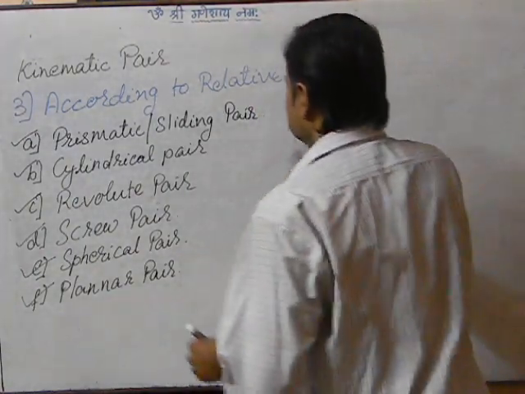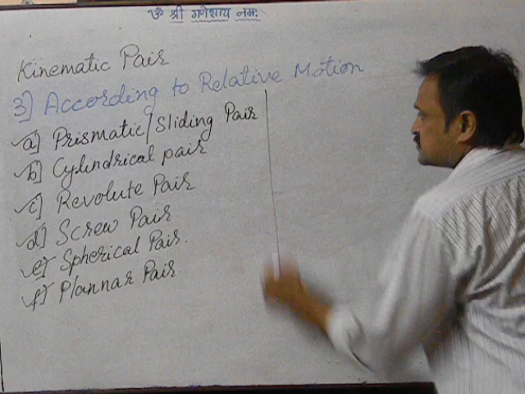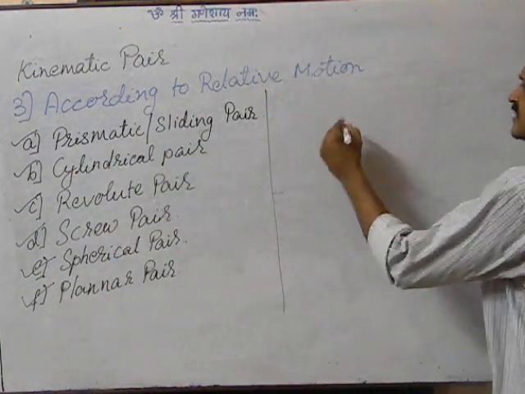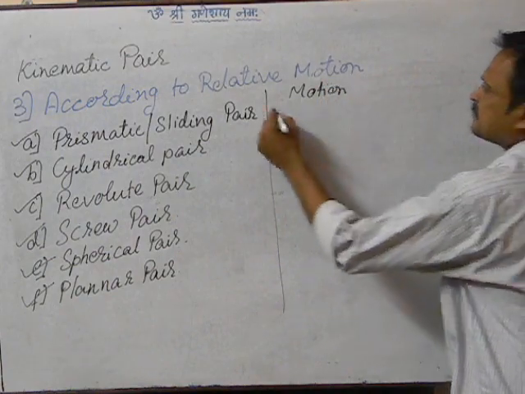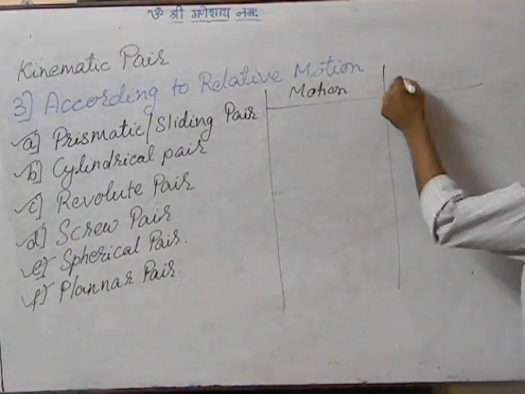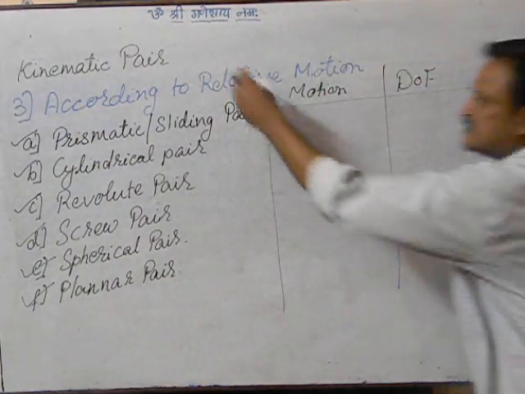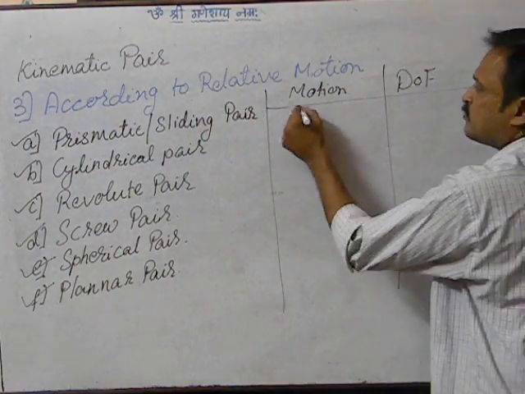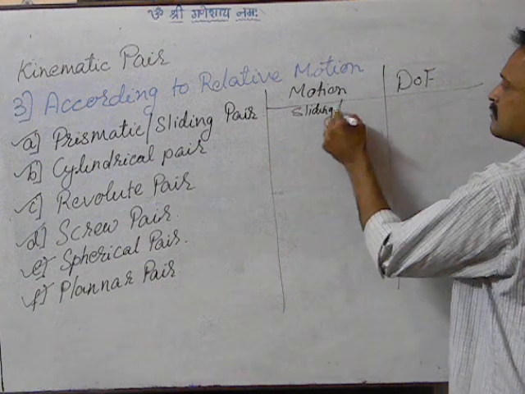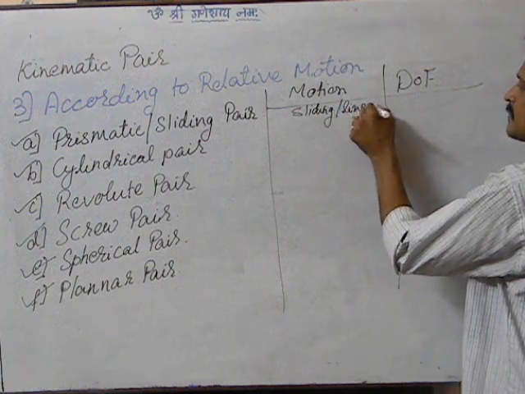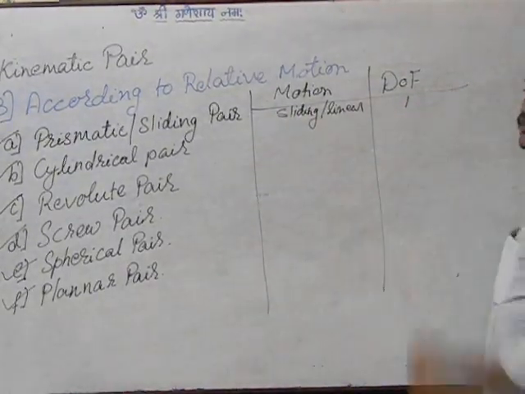If we just summarize, if I want to talk about motion and degree of freedom for these: in prismatic pair, motion is sliding or linear, having degree of freedom 1.